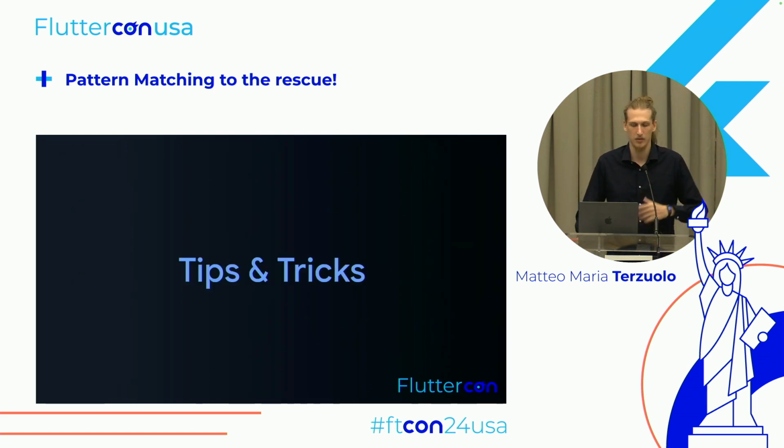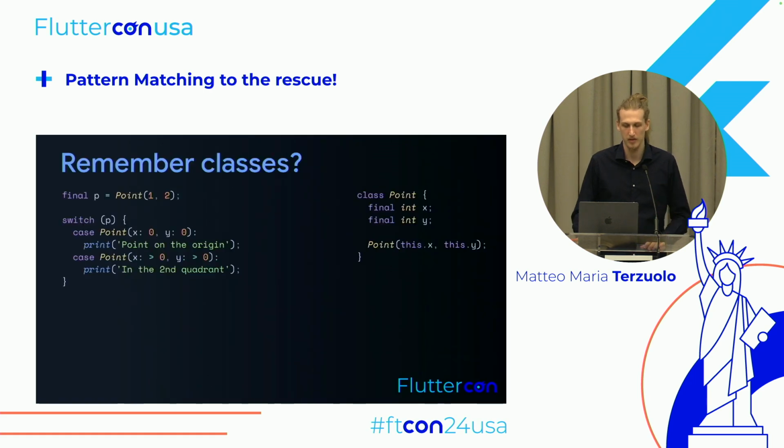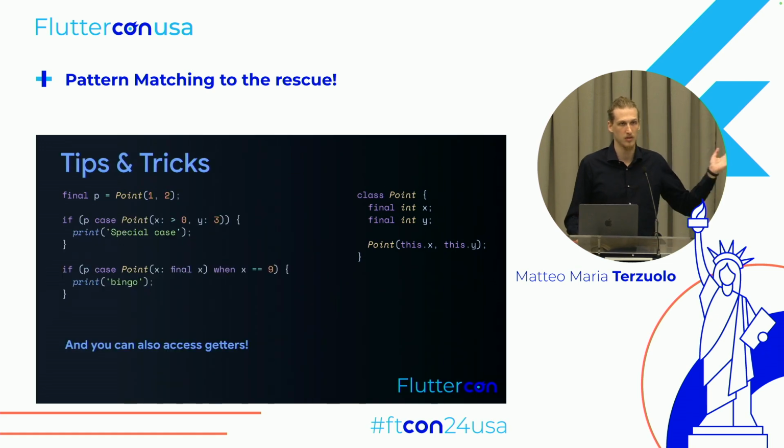To finish our talk, I will leave you with some tips and tricks. So, for example, we talked earlier about classes and how to deal with them and extract the values, but you don't always need to use a switch. You can also use an if and put the case keyword inside of it and extract values and check for specific values inside the class.